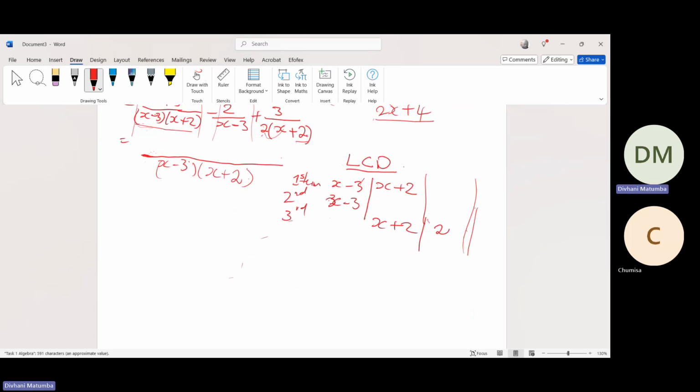So as a result, the LCD will be x minus 3 times x plus 2 times 2. You agree? Yes, sir.